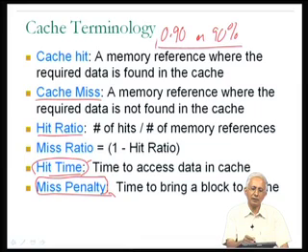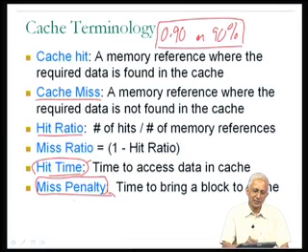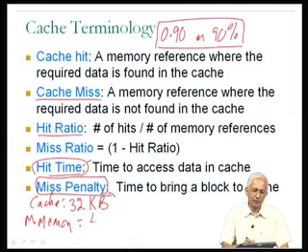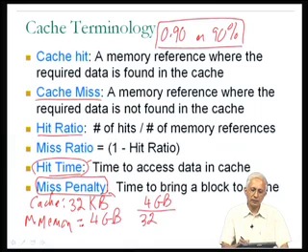Now, this is an amazing number given the size disparity between the cache and the main memory. Remember, the typical size of cache that I mentioned was something like 32 kilobytes, and the typical size of main memory that I talked about was something like 4 gigabytes. And therefore, the difference in size between the two is 4 gigabytes divided by 32 kilobytes.